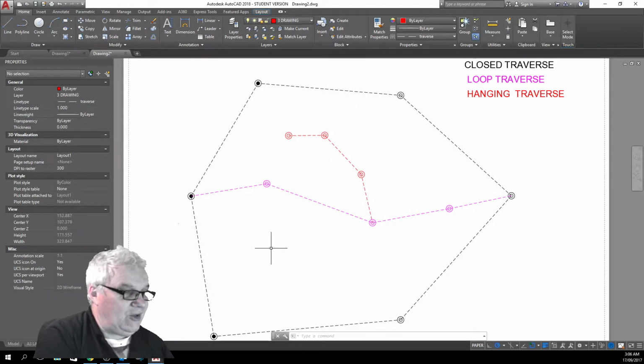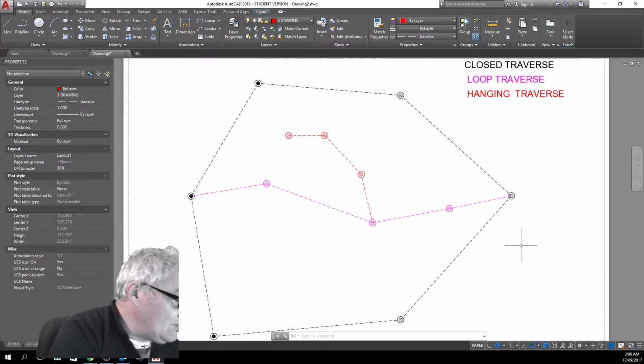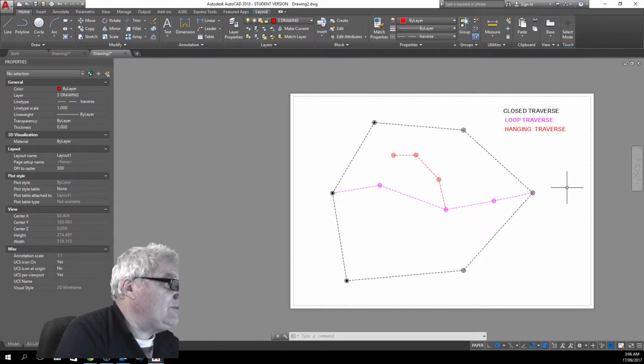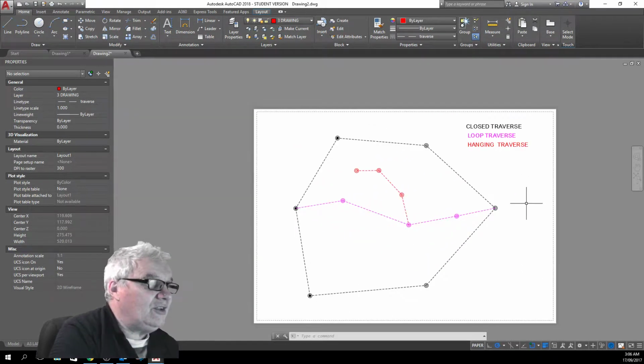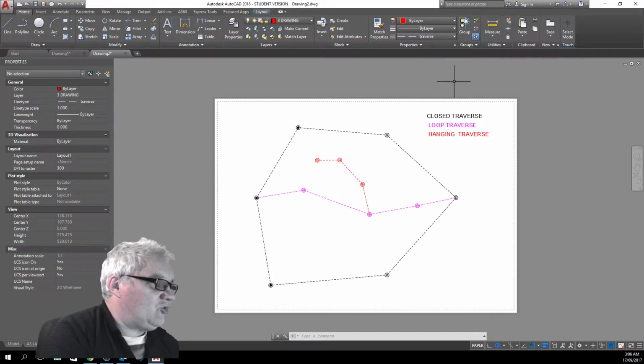So let's say, for instance, now that we've got a traverse round a site, and we've got some site boundaries in there.